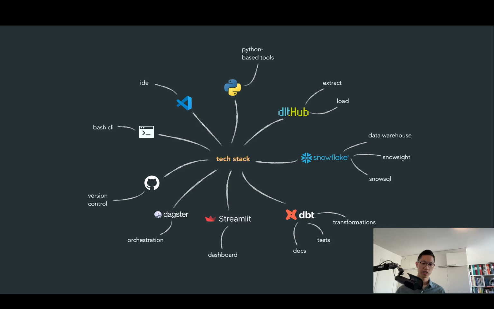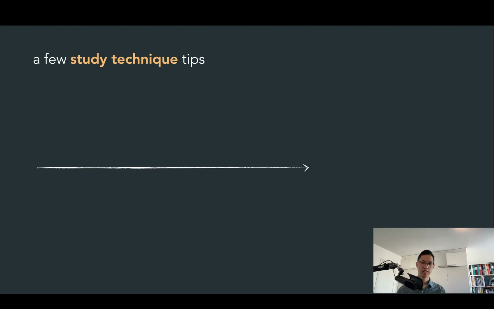DBT, however, you'll work a lot with SQL there, SQL and YAML. But we'll come to that later on. And also in Python, we'll work with virtual environments. And for our case, we'll work with a package called UV, which is a very good package for working with virtual environments. So we'll come to that later also.